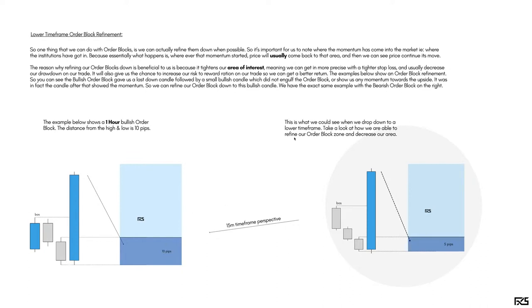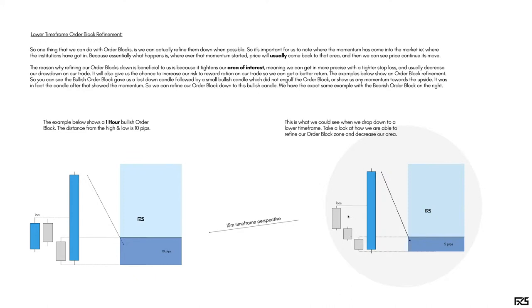Now if we look at a 15-minute time frame perspective, as you can see here, this is what we could be seeing when we drop down from an hourly time frame to a 15-minute time frame. Take a look at how we are able to refine our order block zone and decrease our area to work with. So this may be what we could see on the hourly.